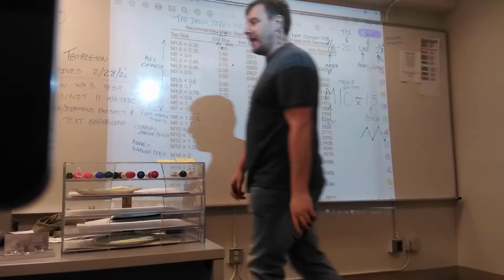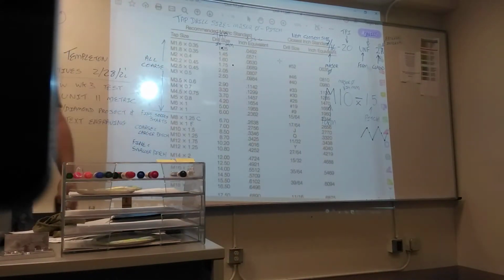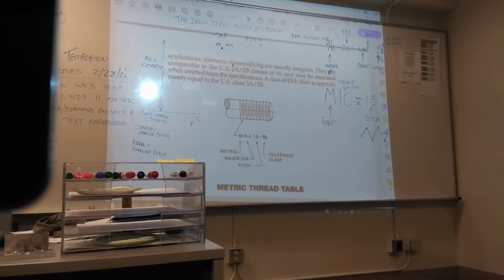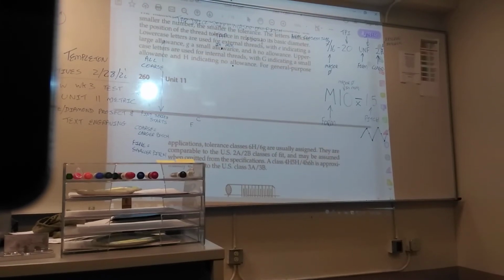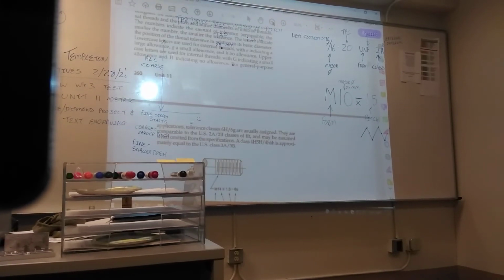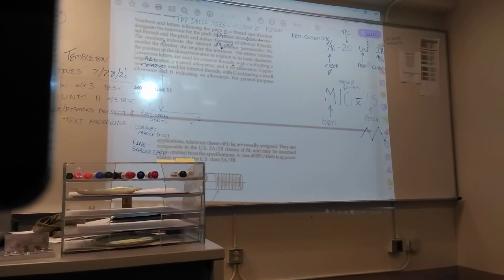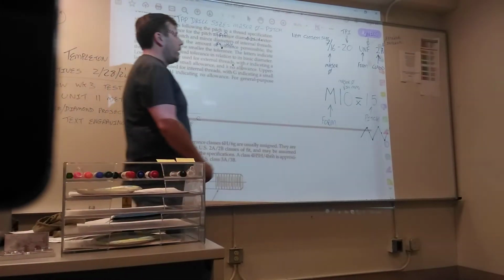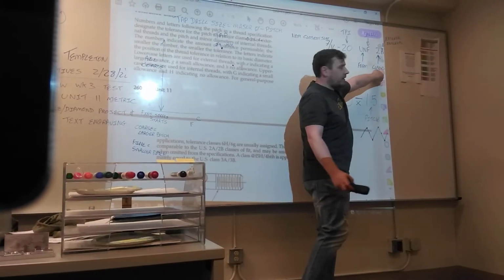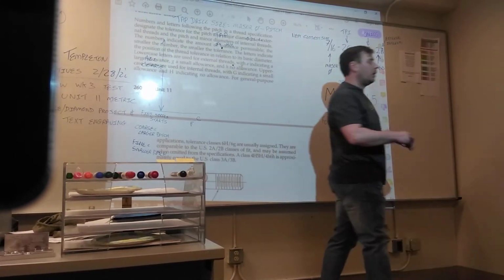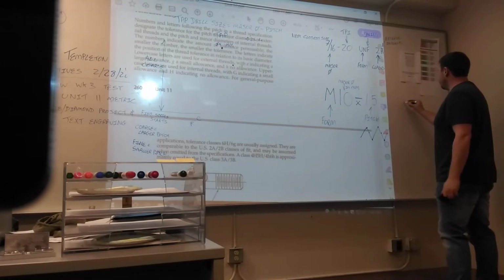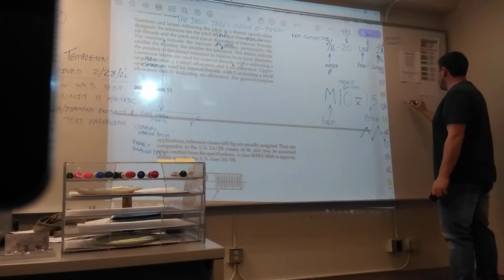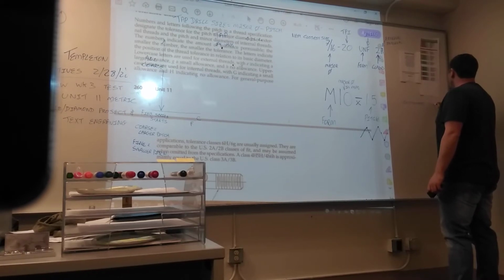Let's go back to the previous page and talk about this last final thing. After the pitch, you are going to get a class designation. In the inch system, or the customary system, we have how many classes?